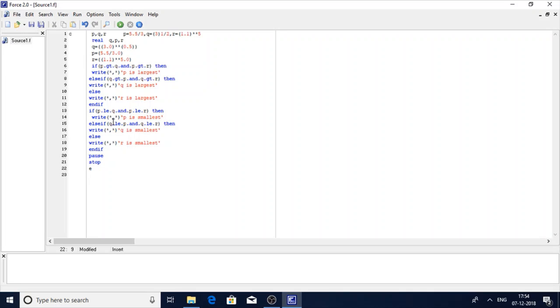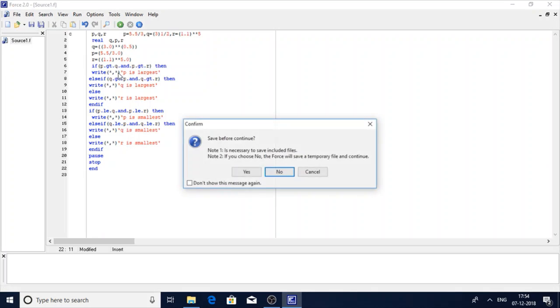If you don't want, don't write stop, but you have to write end statement at the last.